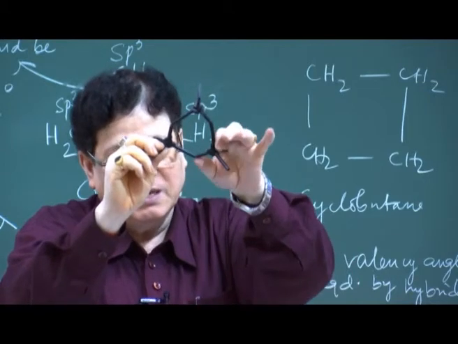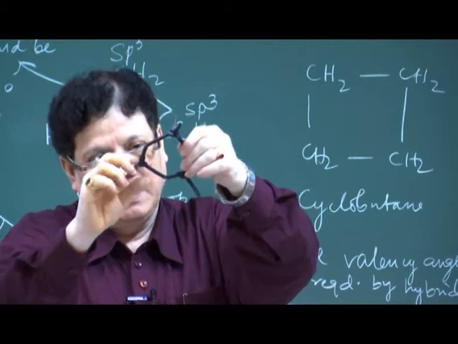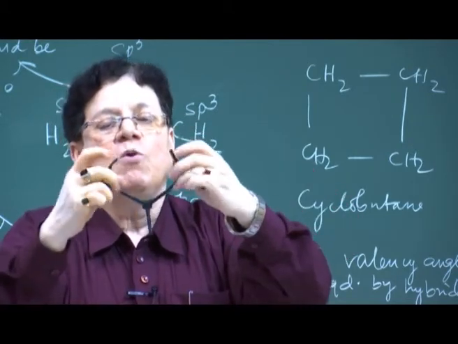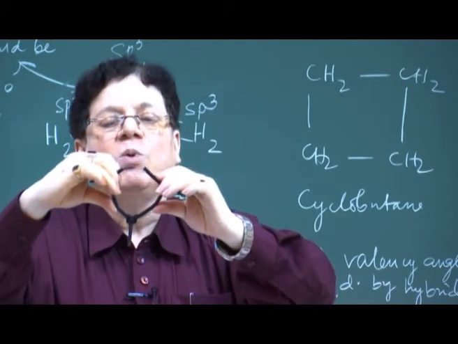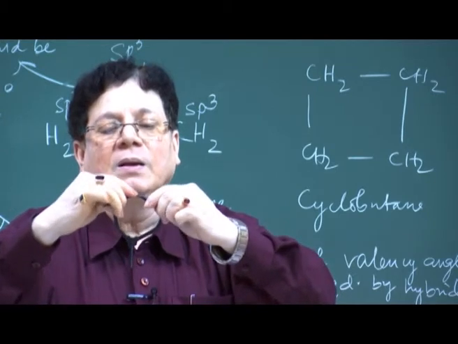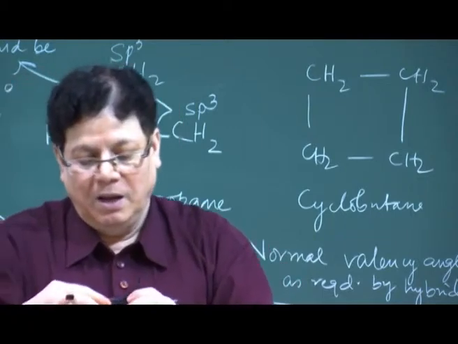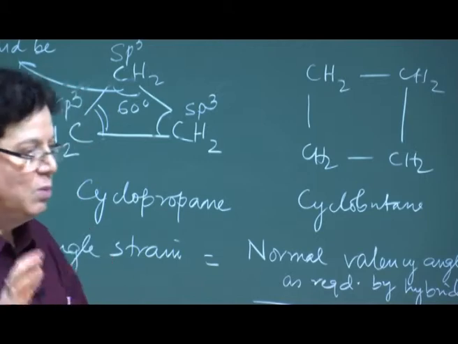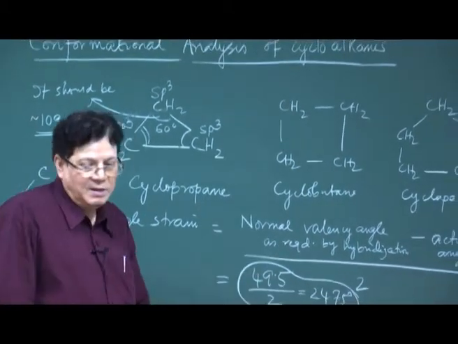So, these bonds are suffering from this angle strain, and as I said, because you have to move both the bonds, it is equally shared by both the bonds. That is why you have to divide the angle strain, the magnitude of deviation from the normal angle, by 2. So, this is how the story started.